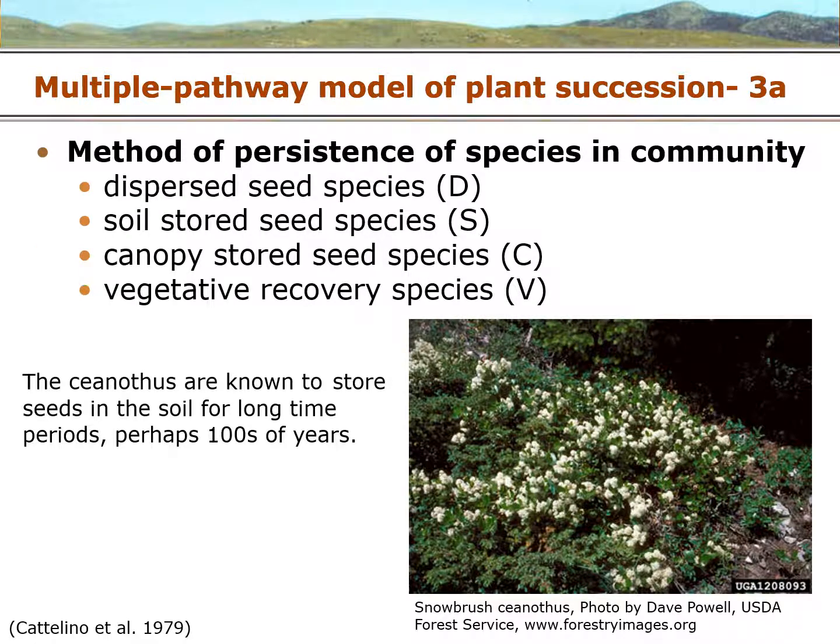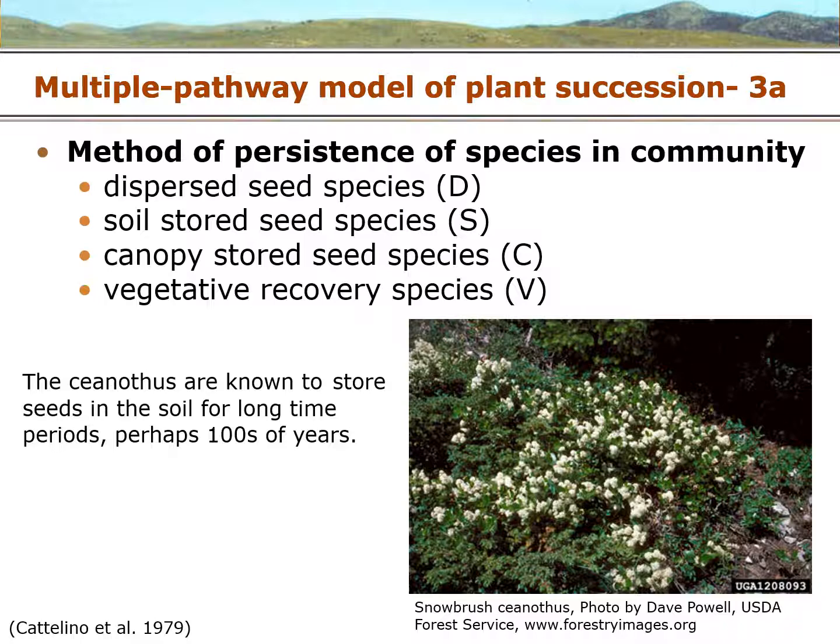Methods of persistence for species in a community include dispersed seeds, and examples of dispersed seed species are fireweed or false dandelion, for example. Then we have the soil stored seed species. One good example there is Ceanothus that you see in the picture. They can store seed in the soil for hundreds of years.